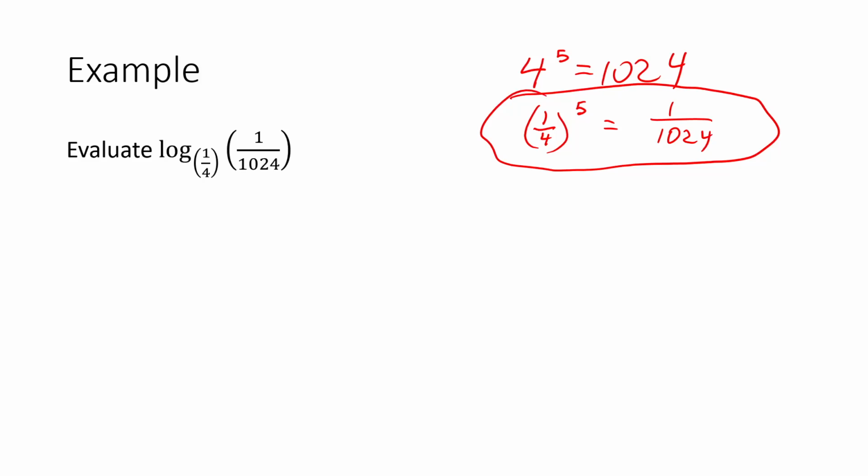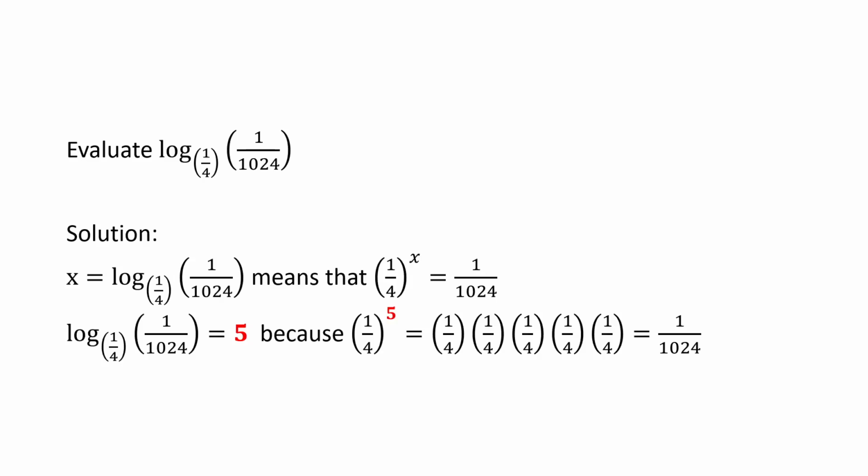Since 1/4 to the exponent 5 is equal to 1 over 1024, therefore the log base 1/4 of 1024 must be equal to 5. The reason for it is shown here, typed out. Again, what we're doing is saying to ourselves, what exponent do I put on this number right here to give me this number right here?